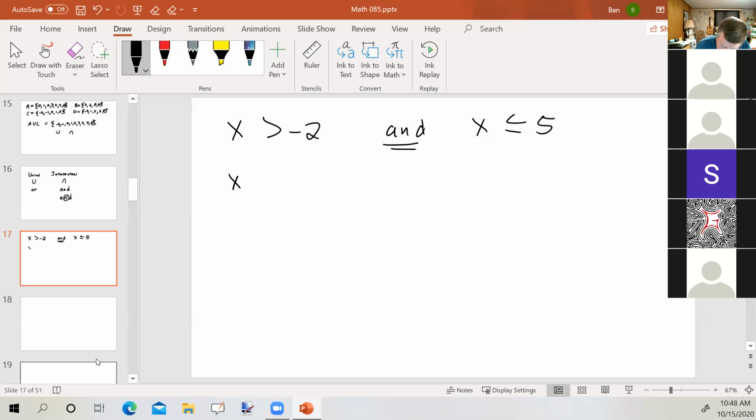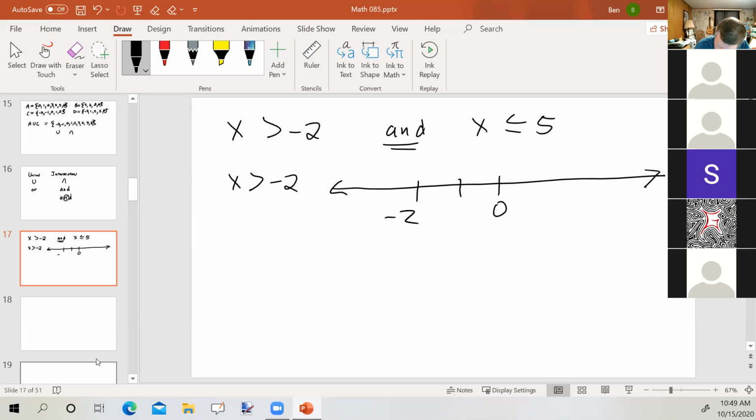So X greater than -2 on a number line. And this is another case where, if you have forgotten all this and need to brush up on it, this is back in chapter 2.7. And if you really need a lot of brush up, come to my office hour. Be happy to go through a more extensive review of it.